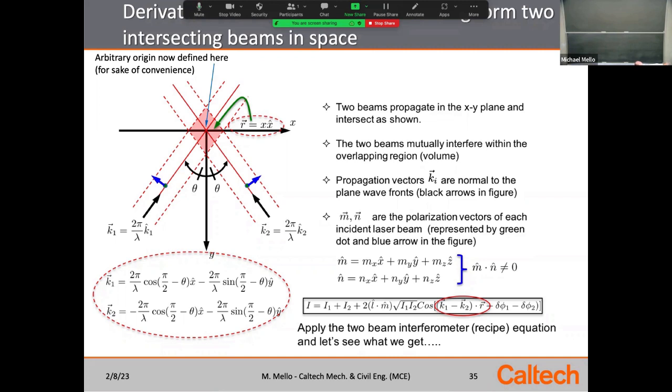Okay. Now, what I didn't go into a lot of depth on was that delta phi1 minus delta phi2. I showed you maybe one special case of that. I showed you the case where it was a normal displacement interferometer and the surface moved at time t1 from here to maybe here, okay?